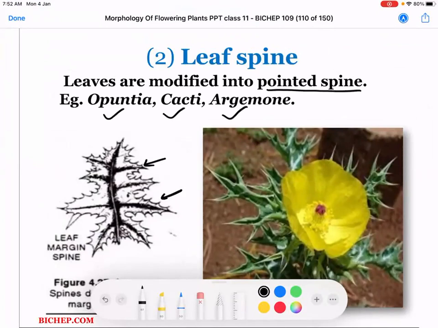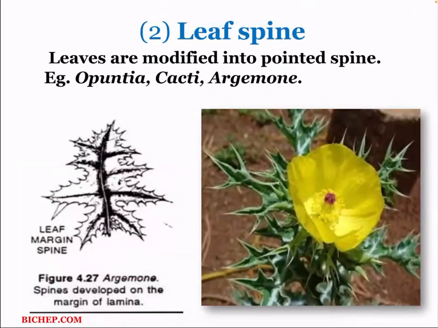Opuntia and cactus we have seen very commonly. The third example is argemone. This plant is also found around us. Take the screenshot.